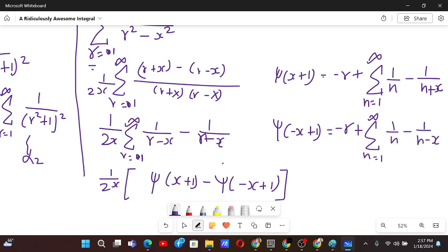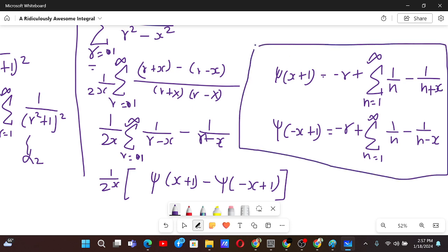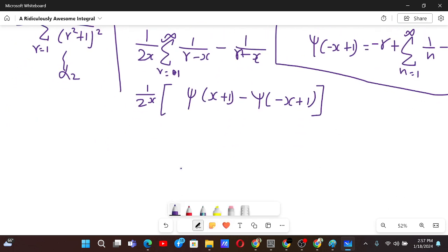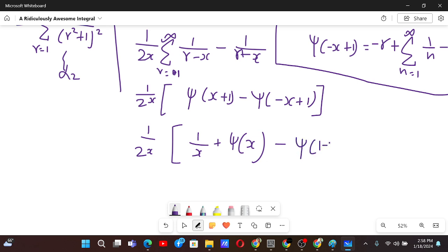So you see, if you subtract this from this, we get 1 by (n minus x) minus 1 by (n plus x). So from the definition of the digamma function, we can see that. After this we have 1 by 2x, and this can be written as 1 by x plus digamma of x, because that's the property of the digamma function, minus digamma of 1 minus x.